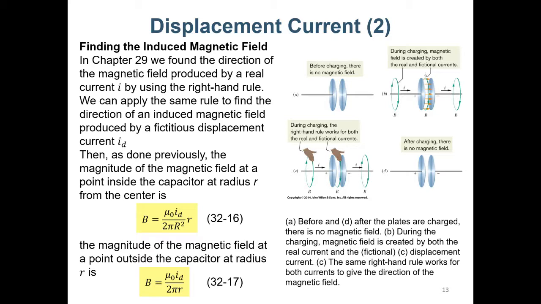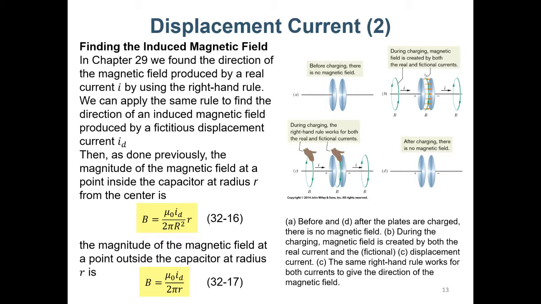So we try to explain what a displacement current is: finding the induced magnetic field. As I mentioned, this is something like the parallel plate capacitor. The parallel plate is circular, and as long as you have some current, it will generate a B field, something like that.